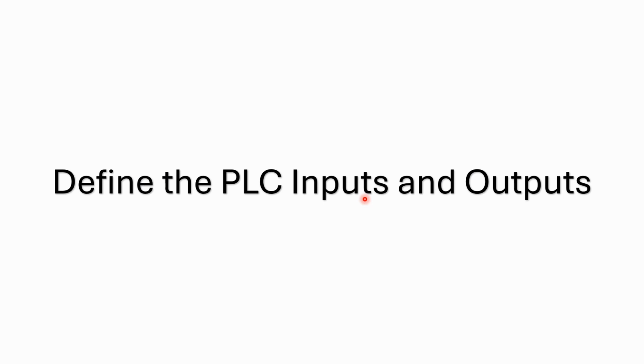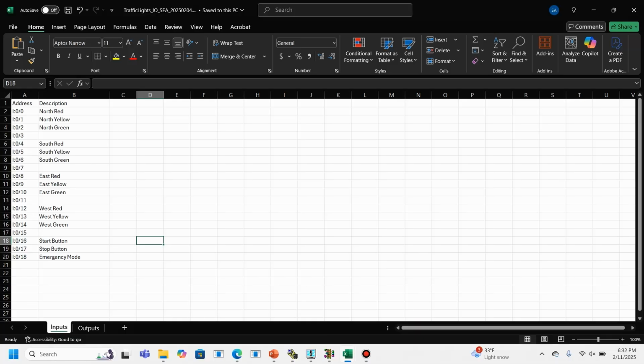One of the things you want to do is define the PLC inputs and outputs. What you see here is just a simple Excel spreadsheet that I created so that I could list out the I/O for myself. Keep in mind, we're using an emulator for a MicroLogix PLC, and I'm going to be using a MicroLogix 1000, just a very basic MicroLogix processor.